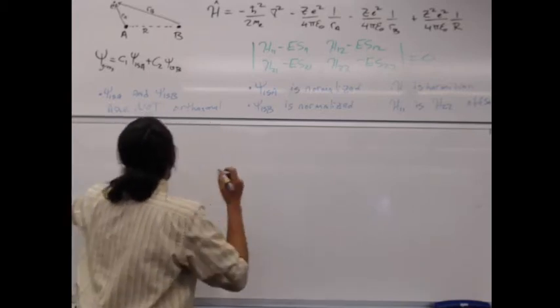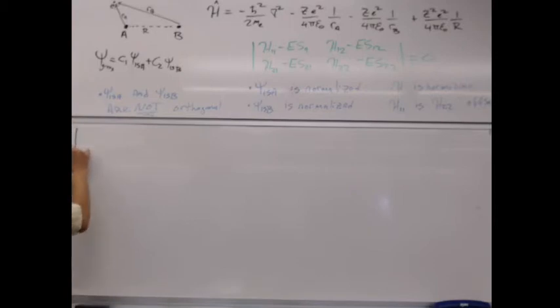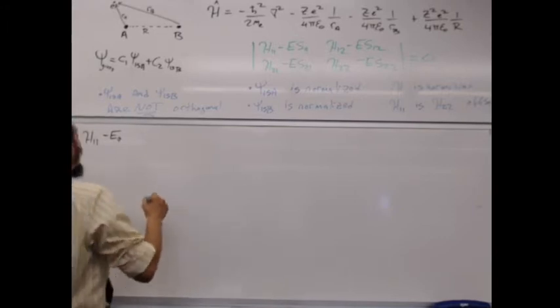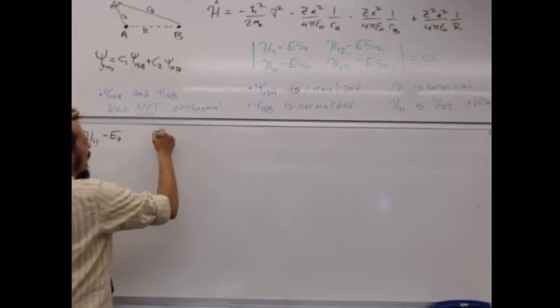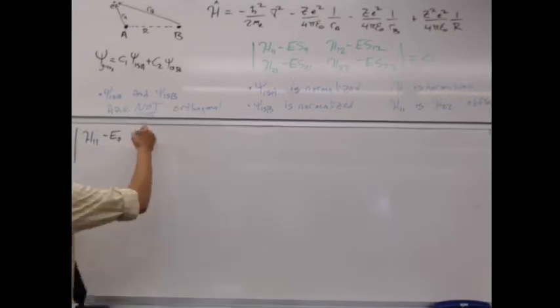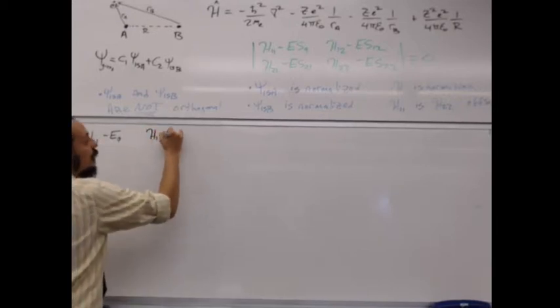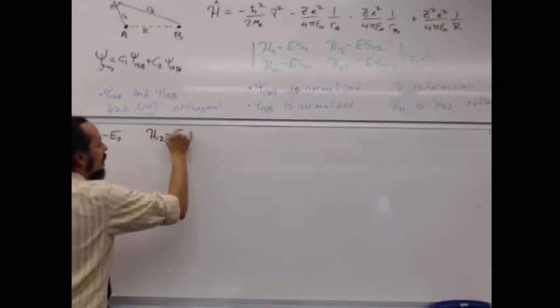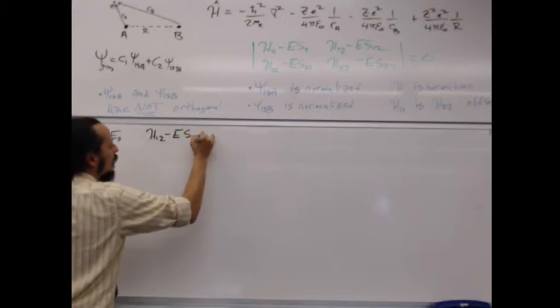I'm going to essentially simplify this matrix to be H11 minus E. And we can put that E S11 back on there so we can remember what we're doing, if you want to have that specific part. I'm going to have H12 minus E S12.